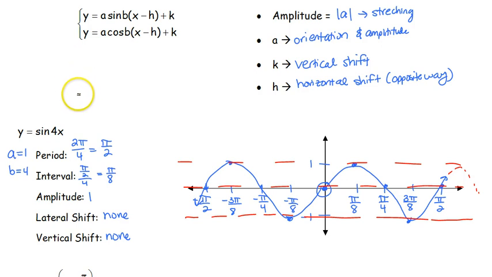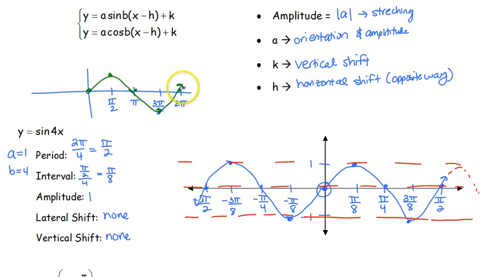Now if I were to look at what it was before, normal without a shift, our period was at 2 pi. And a normal sine graph is going to go 0, up, down, down, up. So this would be the graph of y equals sine of x.